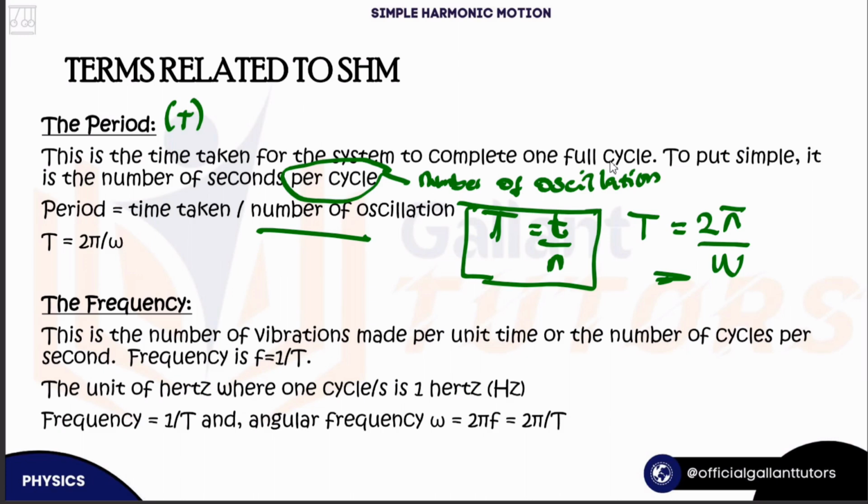So the next is the frequency. Now the frequency is the number of vibrations made per unit time, or the number of cycles per second. So frequency, which is denoted by f, is equal to n, number of vibrations, over time. Simple as that.